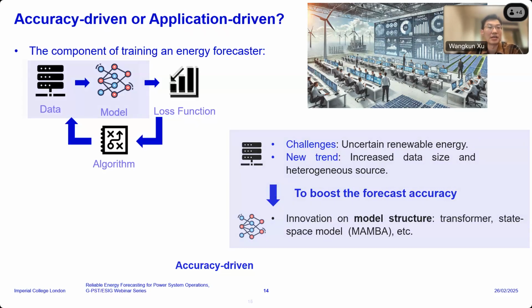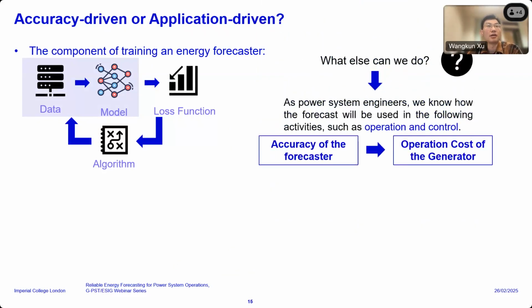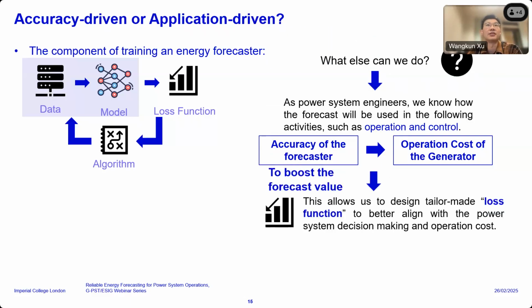Next page, please. Okay, so we keep thinking, what else can we do? Of course, as power system engineers, we know how this forecast will be used in the follow-up activities, what we call the downstream decision-making, such as operation and control. And we agree that the accuracy of the forecaster, or you can say the error of the forecaster, will eventually be reflected or uncovered by the operation cost of the generator.